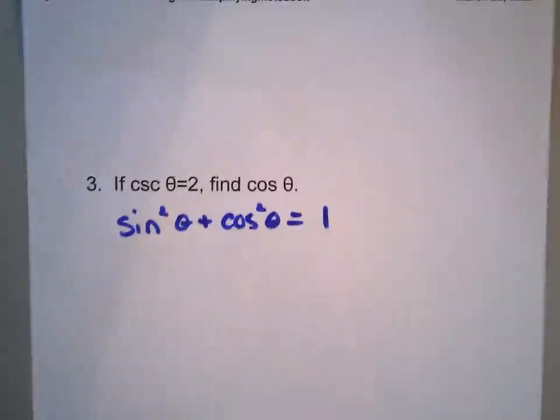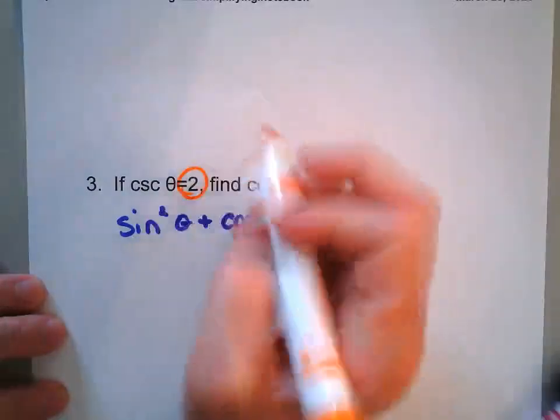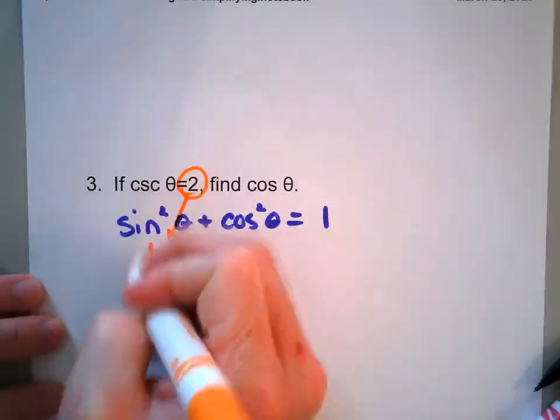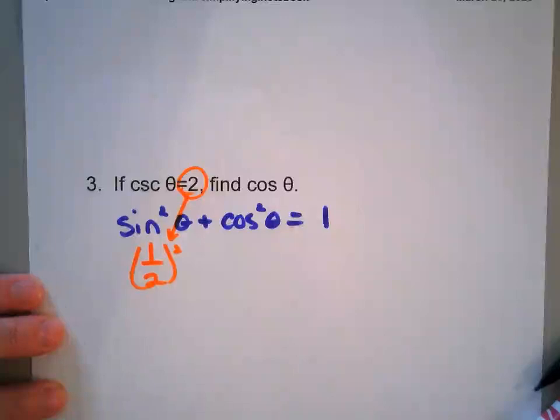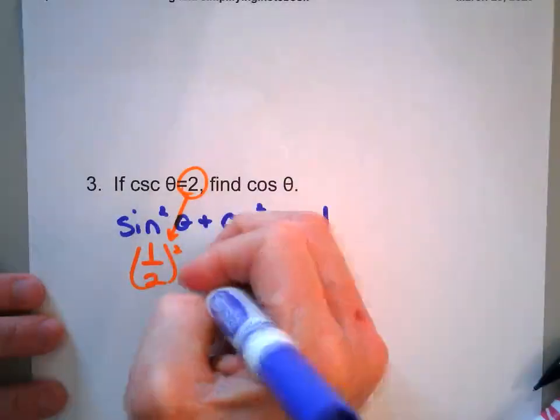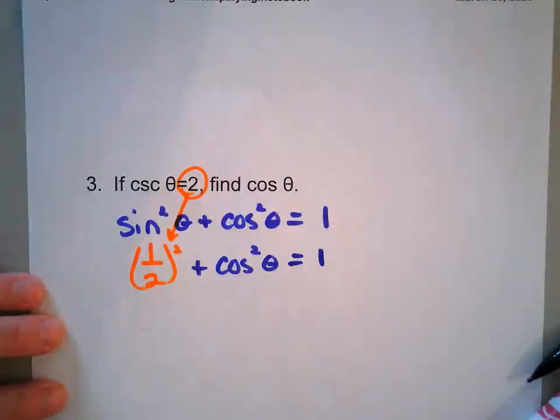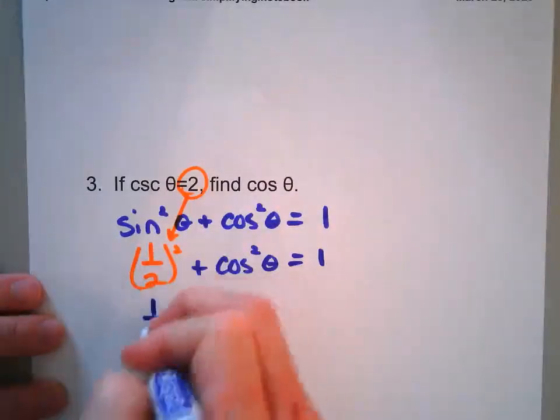Okay, that's the Pythagorean identity we'll use. The 2 goes down here, but becomes 1/2, because you're not given sine, you're given cosecant, so you have to reciprocate it to get it to work. Plus cosine squared equals 1. Okay, 1/2 squared is 1/4.